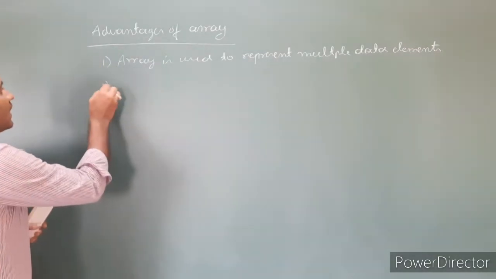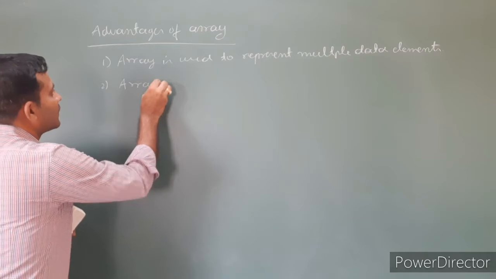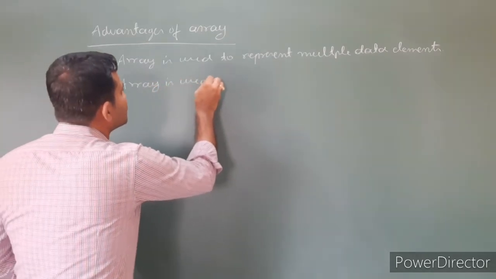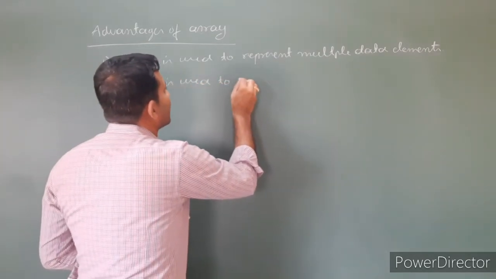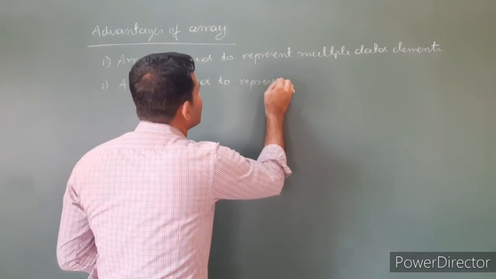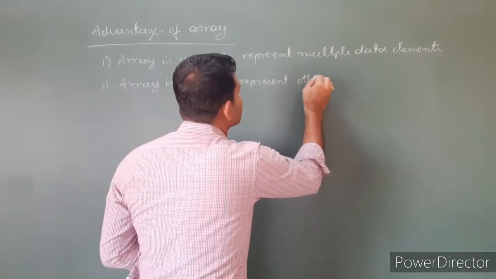The second one is that an array is used to represent other data structures.